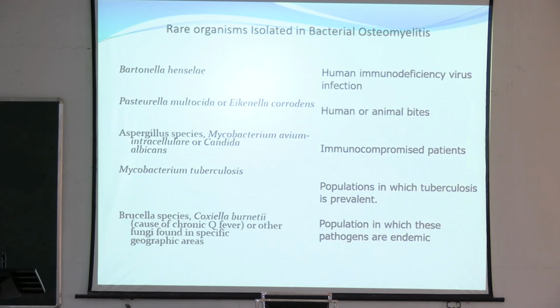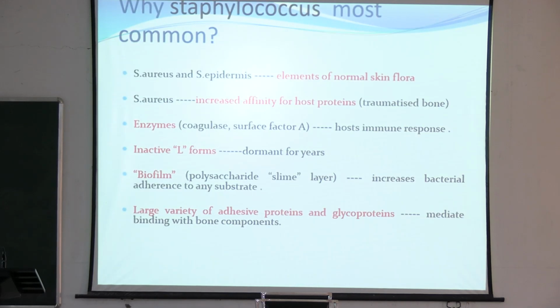So let's come directly to the orthopedic part. Why is Staphylococcus aureus most common? First of all, it is most common because it is most commonly present also. In the normal skin flora also, you can see Staphylococcus aureus is there. So there is increased affinity for host protein. We have the enzymes and surface factor A. This again is microbiology and pathology.